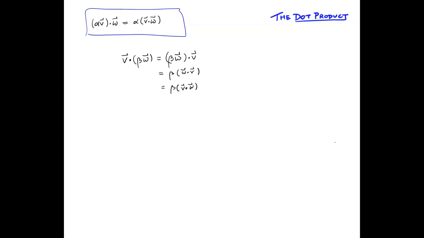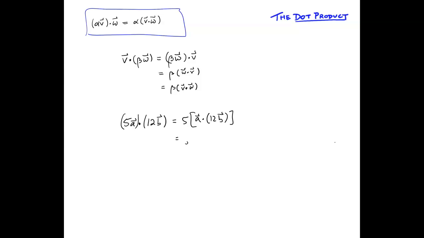So the net result being that I can take that scalar in the second slot and pull it out into the beginning. What if I had scalars in both positions? Let's just use some actual numbers. Let's say I had 5a dotted with 12b. Can I just pull those two things out simultaneously? Of course I can. If I wanted to be very fussy, I would pull them out one at a time and say that's 5 times a dot 12b.